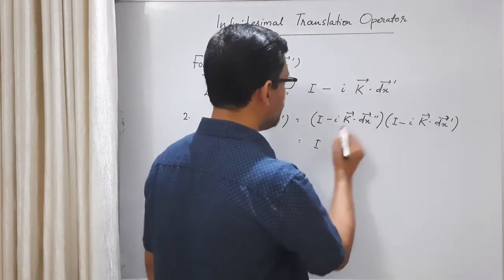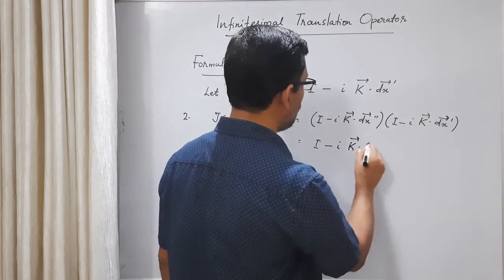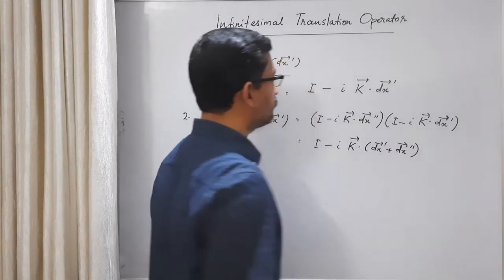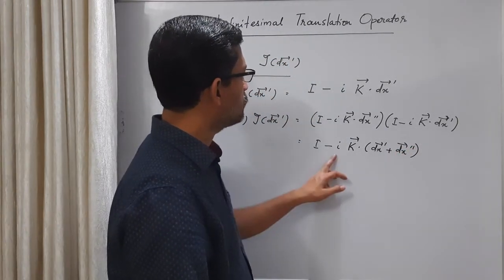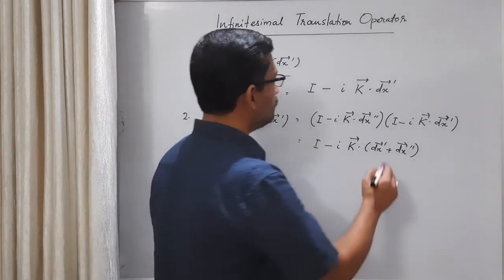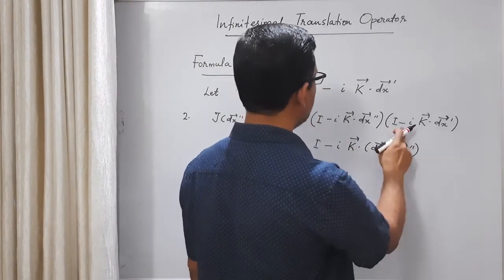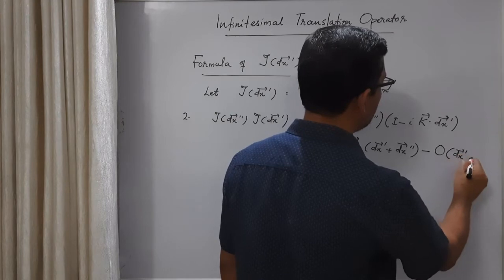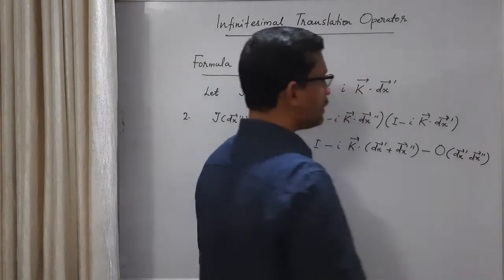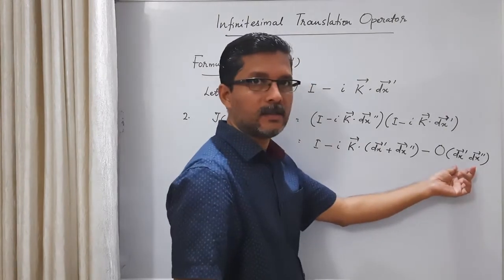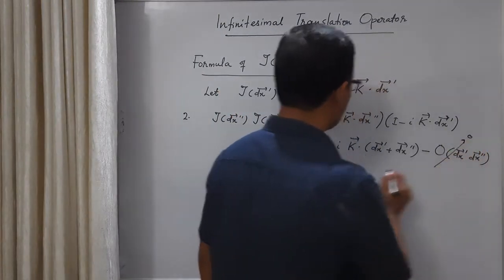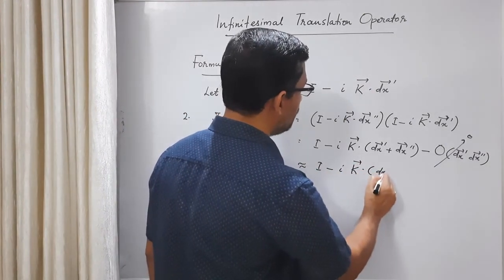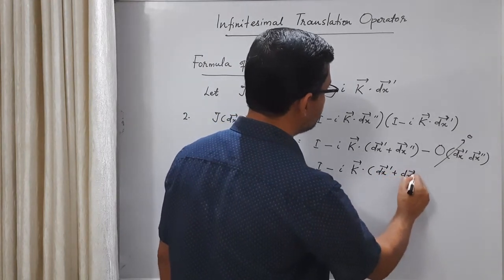We have two terms, which we can combine: minus I k dot dx prime plus dx double prime. Then there will be a term, minus of minus plus I square is minus, of the order of dx prime into dx double prime. Again, this is a term quadratic in infinitesimal displacement, so we can neglect it. So this is approximately equal to identity minus I k dot dx prime plus dx double prime.